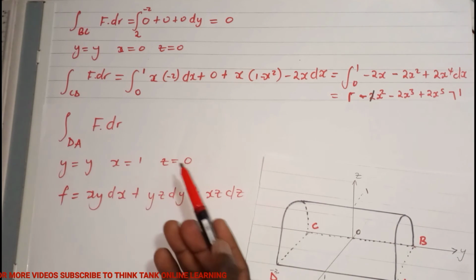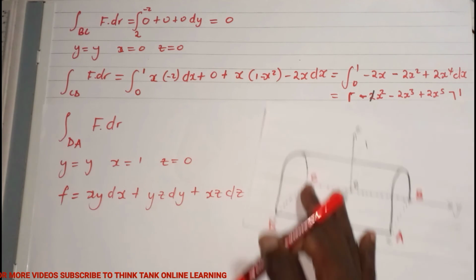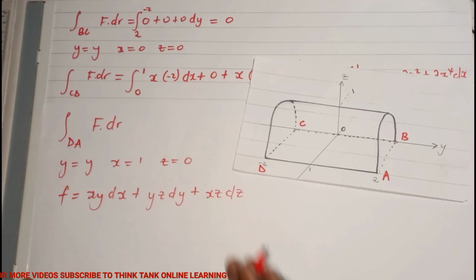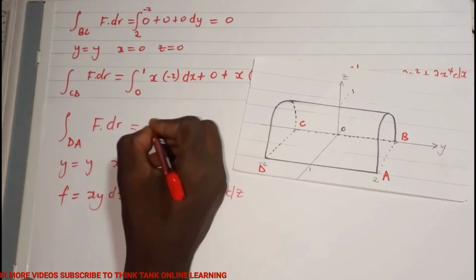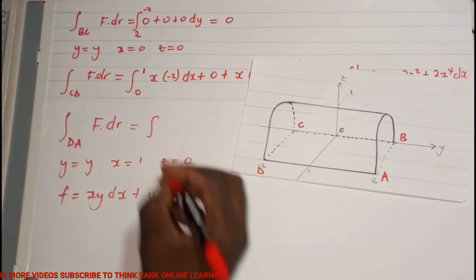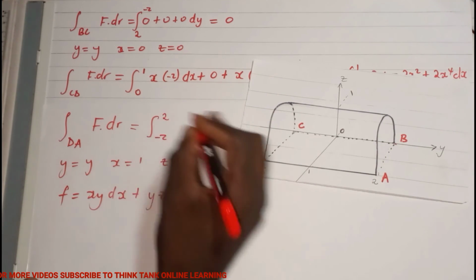As you can see, we don't have any x component changing, so dx gives 0. So the line integral is the integral where y is changing, with lower bound negative 2 and upper bound 2.